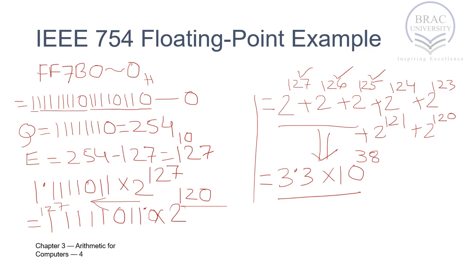Since we already have exponent 120, this first position would be 120. So this one 121, 122, 123, 124, 125, 126, and 127. This is how it works. So this is the decimal representation of the hex value that we have here.